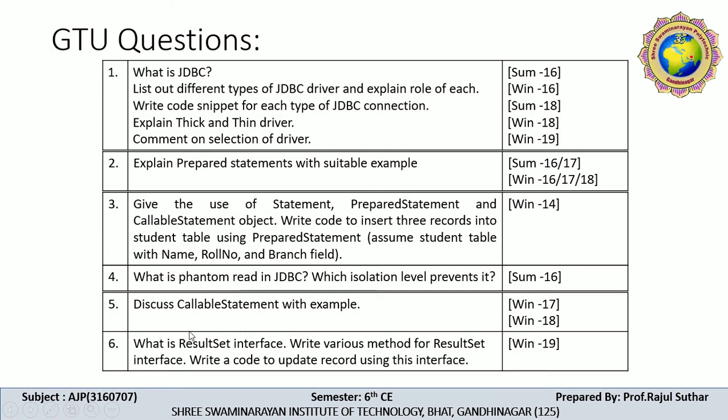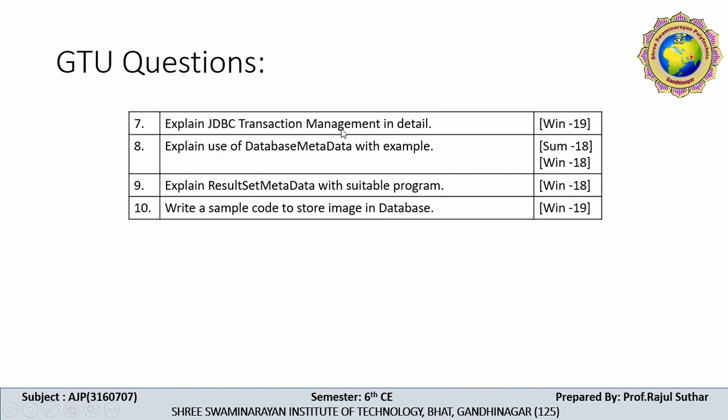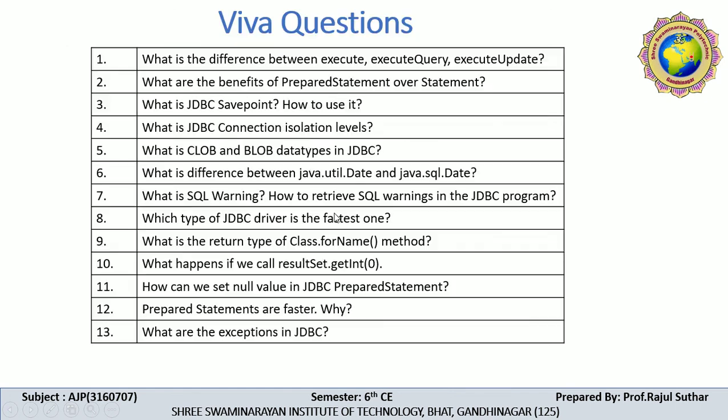Discuss the CallableStatement with an example, the ResultSet interface and its various methods, JDBC transaction management in detail, a 7 marks question. Explain the use of DatabaseMetaData with an example, ResultSetMetaData with suitable programs, write a program code to store an image in a database. This type of viva question can also be asked in your external viva exam.